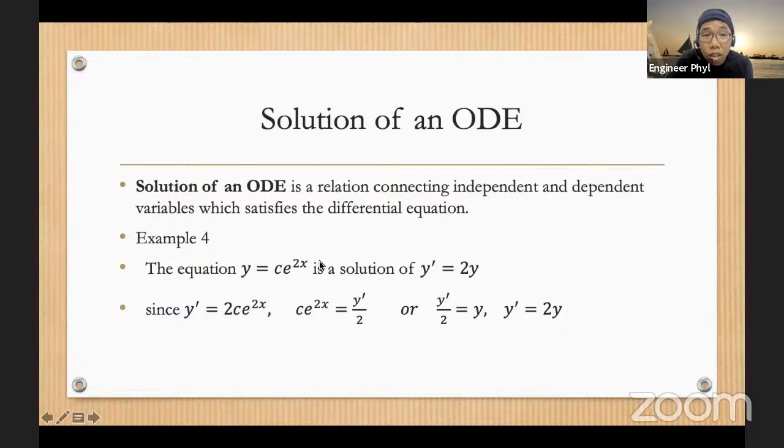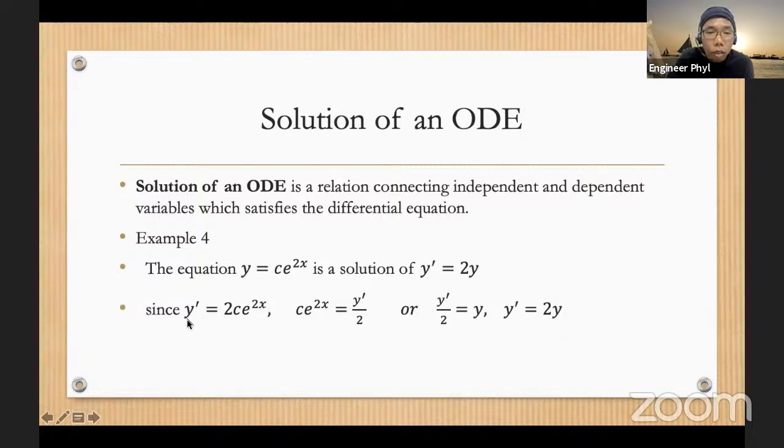We are going to differentiate this equation. Differentiating y will be y prime, and differentiating this side, you copy the constant and then copy e raised to 2x and differentiate 2x with respect to x. We have 2. That's why we have 2c e raised to 2x.